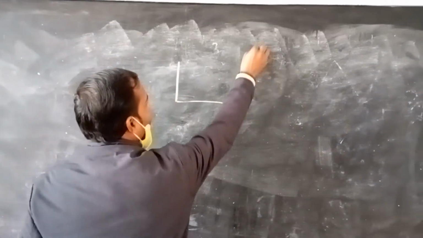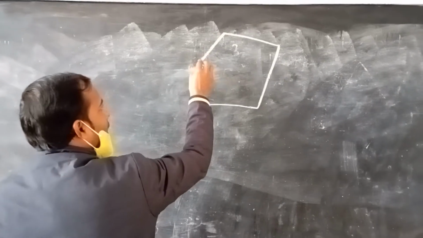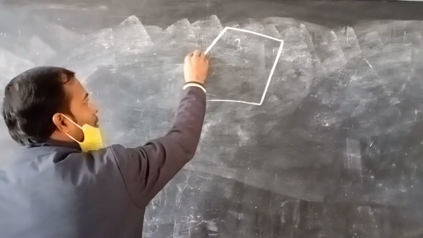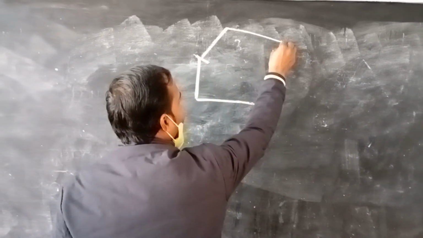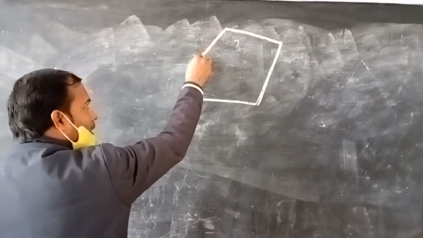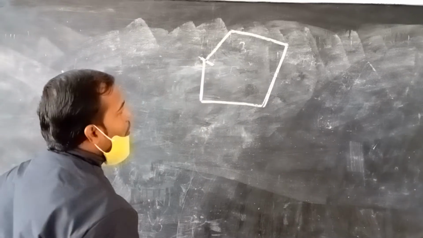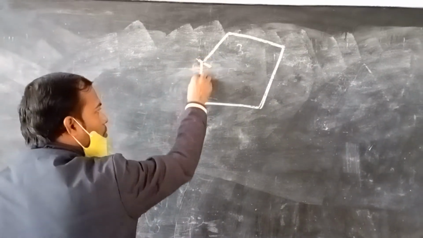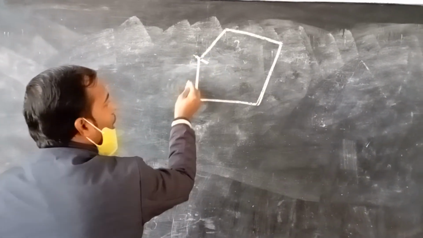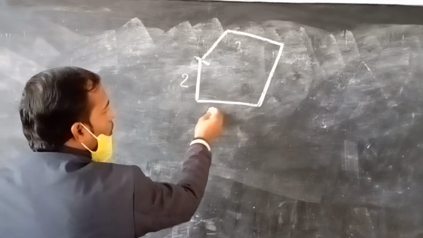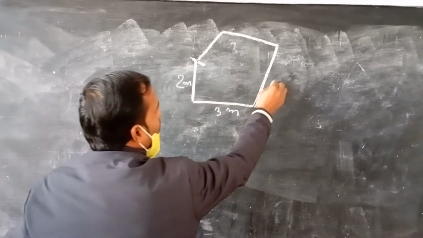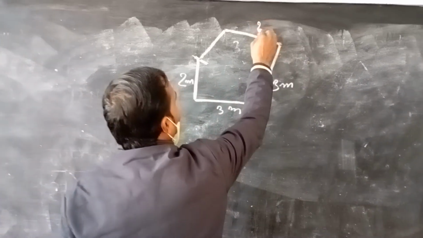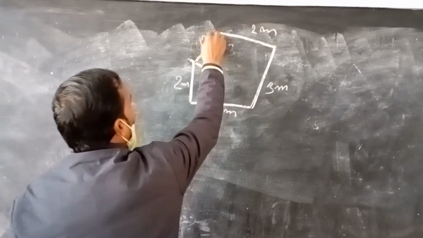Suppose there is one figure like this. Perimeter means you start from here, go there, then add it, then add it, then again add this one also. That means from where you start, there you have to end. Suppose this one is 2 meter, this is 3 meter, this one is also 3 meter, this one is 2 meter, and this one is 1 meter.